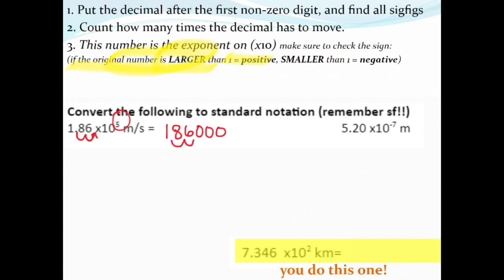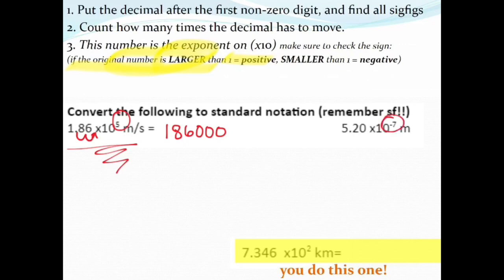So here I've moved it 1, 2, 3, 4, 5 times, but I'm not going to actually write that decimal down, because if I did, that would make these zeros sig figs, and they couldn't possibly be sig figs if we didn't include them originally in our number over here. So we just want this number to be 186,000, no decimal at the end, and that is our standard form, our standard notation for this scientific notation number.